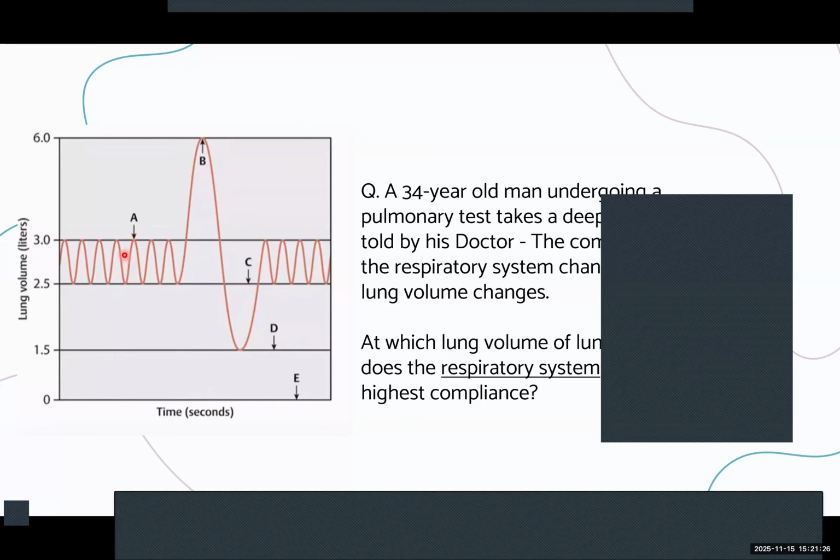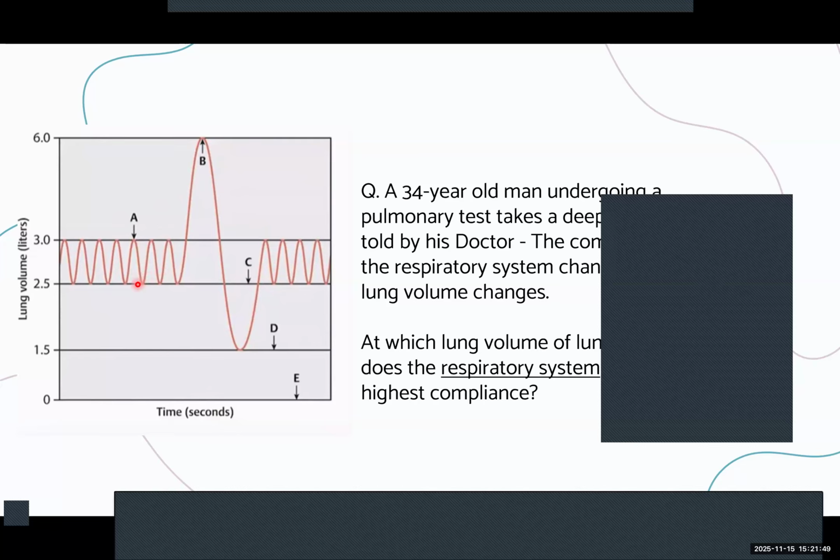So A is the point basically at FRC, at 3 liters, and the reason C isn't it is because A is at normal inspiration, but the C point is talking about maximal expiration. So the patient has just finished maximal expiration instead of normal expiration. Normal expiration would be true if the point was ending right here.